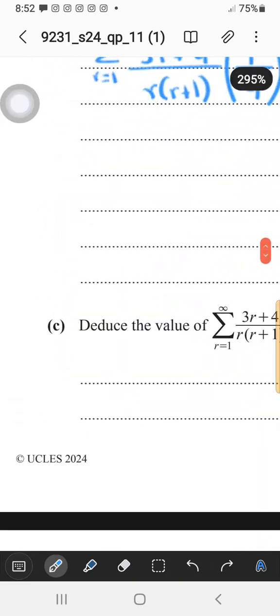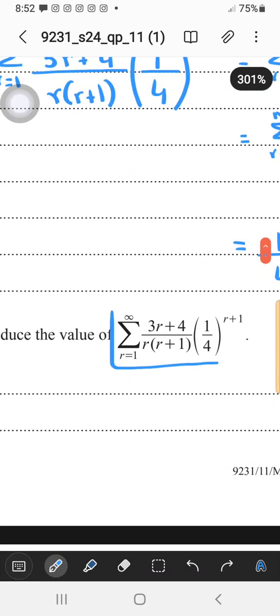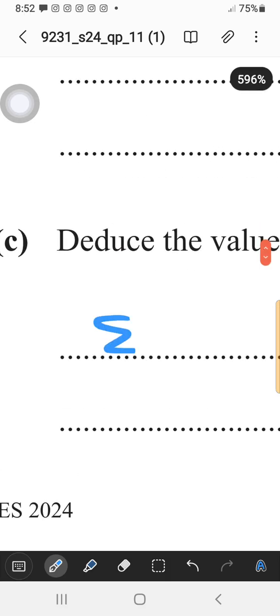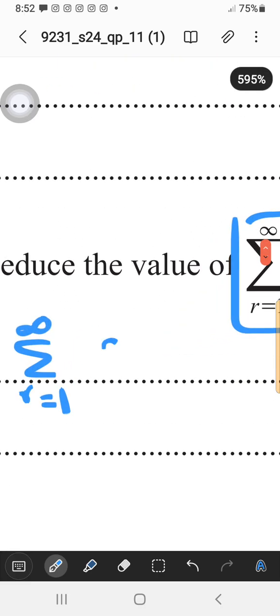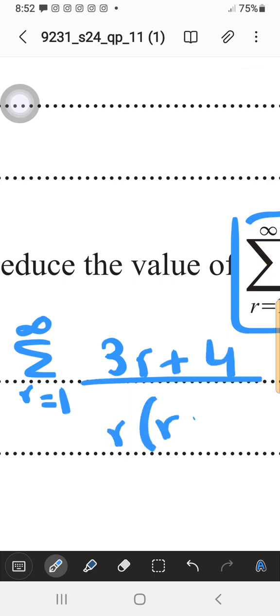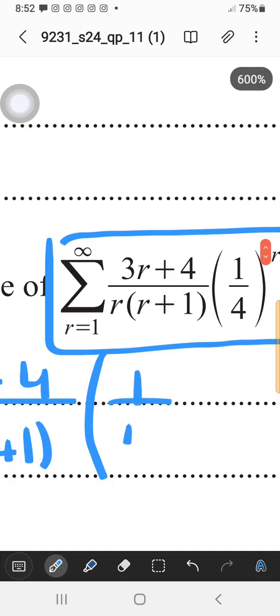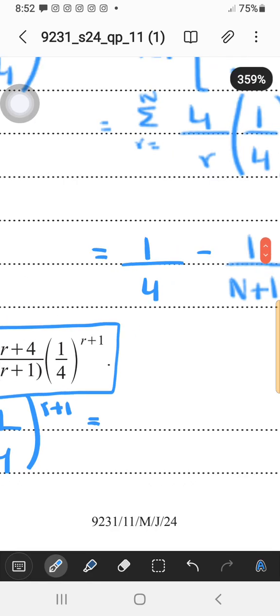Now in the last part C, deduce the value of this. Now we have to write infinity instead of n. When we write infinity instead of n, so what we will do, this is 3 upon 4 r plus 1, 1 upon 4 r plus 1. Now we will write infinity instead of r.